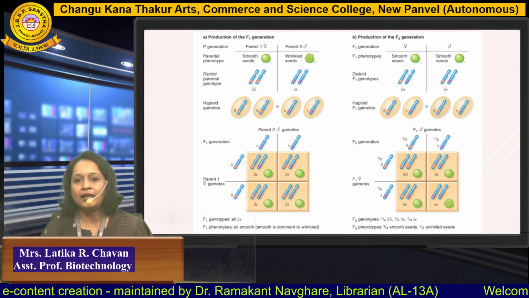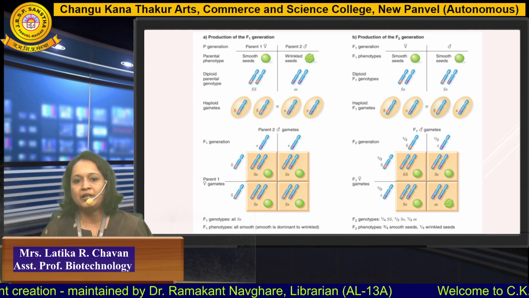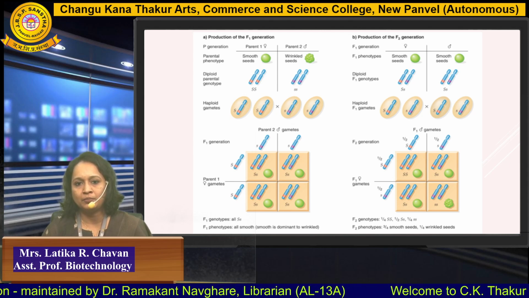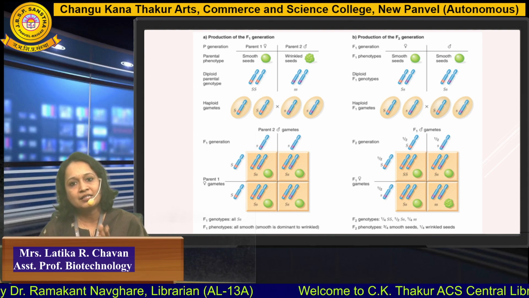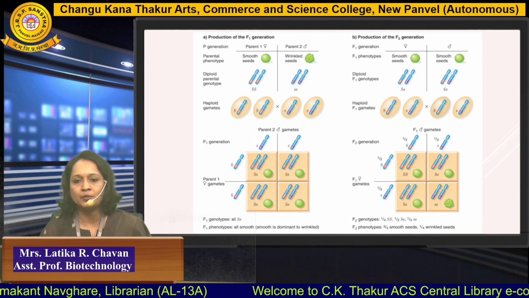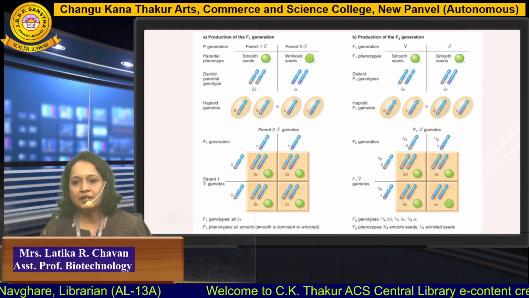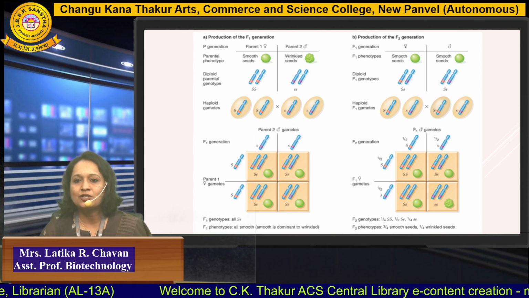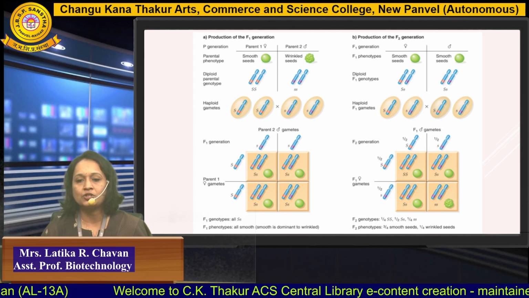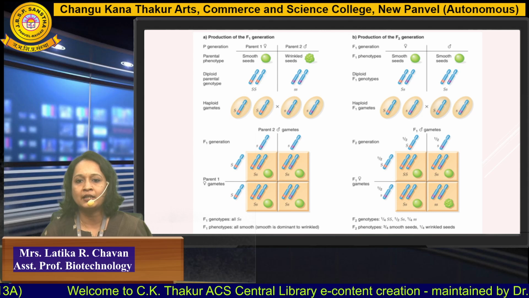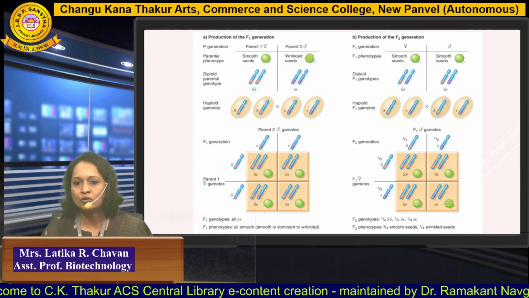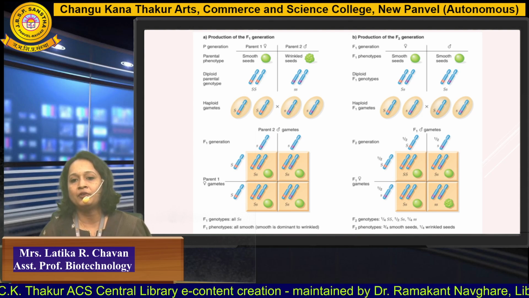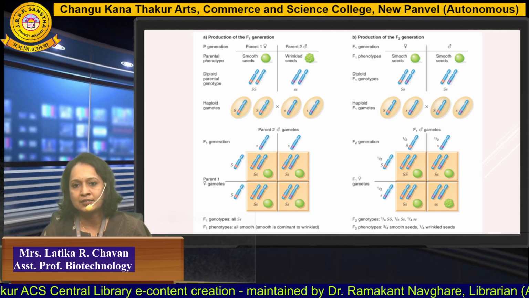If we cross F1 with F1, meaning capital S small s genotype, a smooth-bearing plant which is heterozygous in nature is crossed with another smooth-seeded plant, and the F2 generation will be produced in a 3:1 ratio, out of which 25% are homozygous dominant, capital S capital S, 50% are heterozygous dominant, and 25% are homozygous recessive.